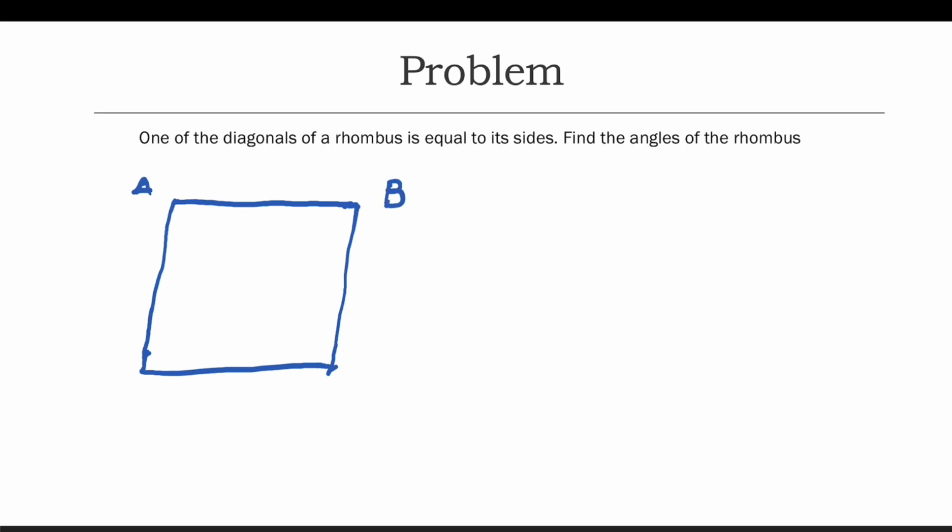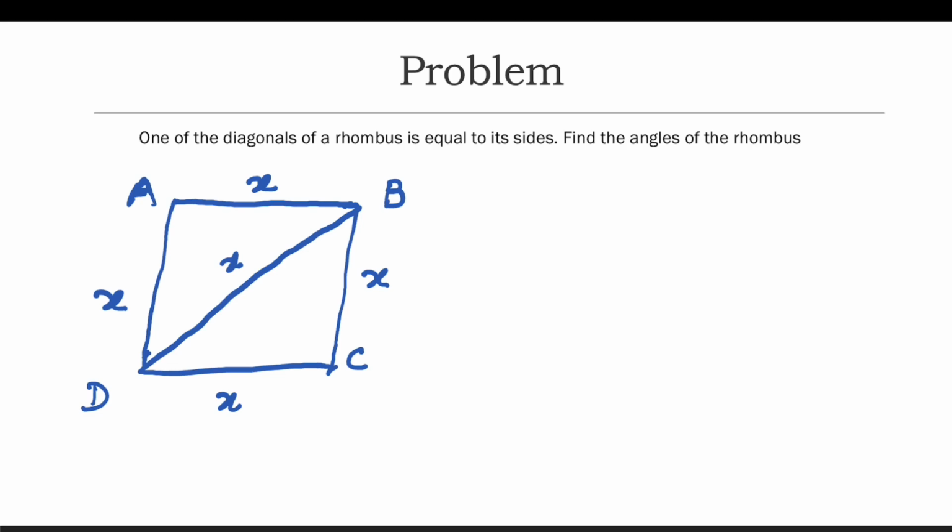Rhombus, all sides equal, opposite sides parallel. That is rhombus, right? So this is x, this is x, this is x, this is x. Diagonal of the rhombus is equal to side. So this is a diagonal. Since that is equal to side, this is also x, right?